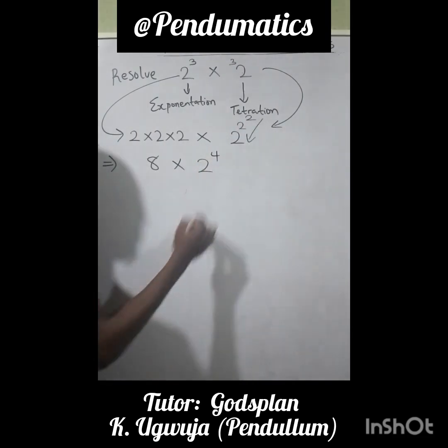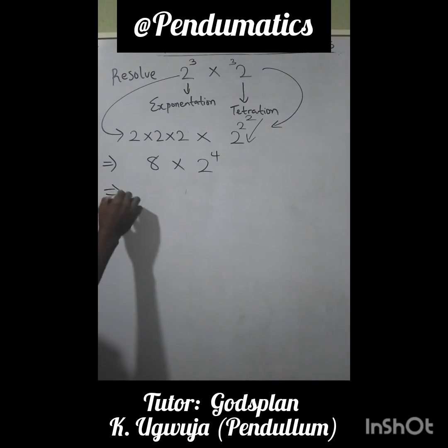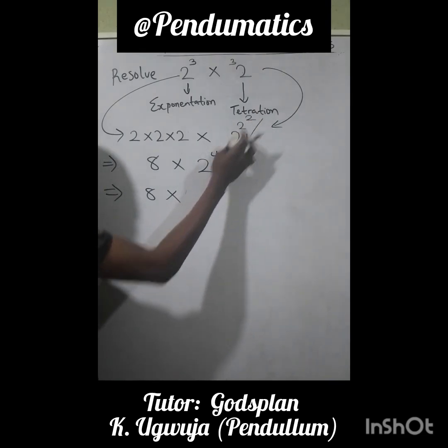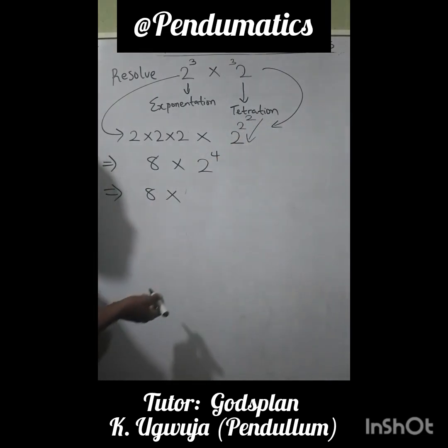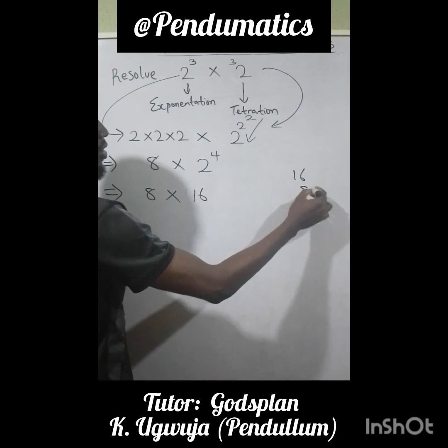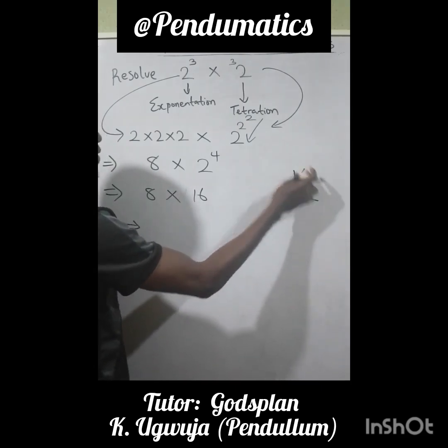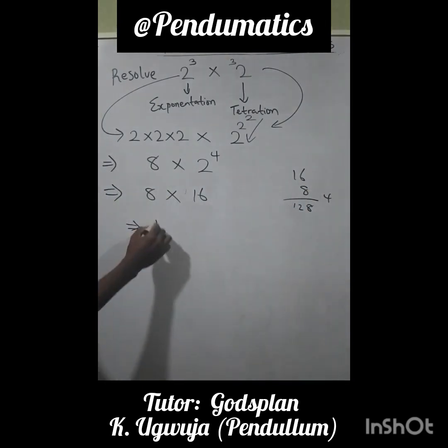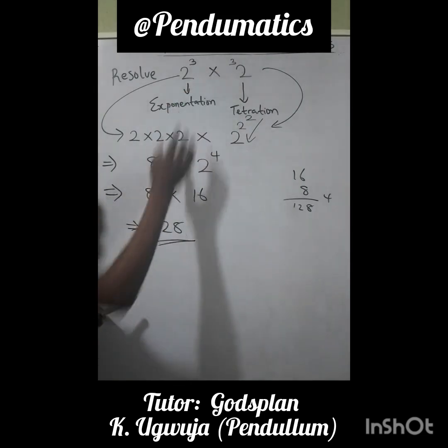Now this is just 2 raised to power 4. This tetration has reduced to a normal exponentiation. Now 2 raised to power 4 is 2 times 2 times 2 times 2, which is 16. So therefore our final answer is 8 times 16, which should give you, let's check because I'm not using a calculator here, 128. That's our answer.